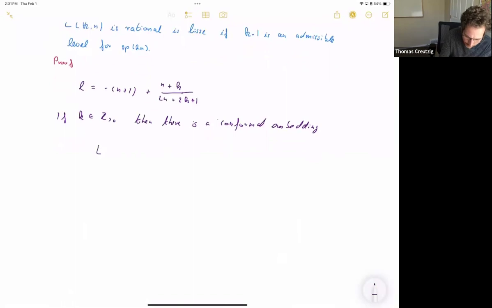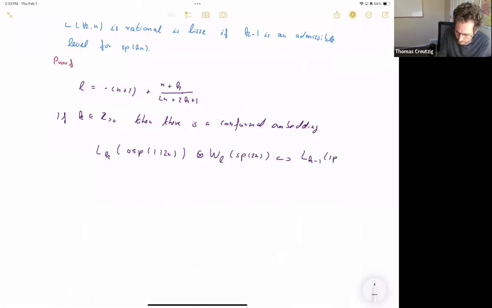The simple affine VOA of OSP1/2n, so of the Lie superalgebra OSP1/2n, times the W algebra. And this is why I introduced this L, at level L of sp2n inside the big VOA whose coset we want to study.